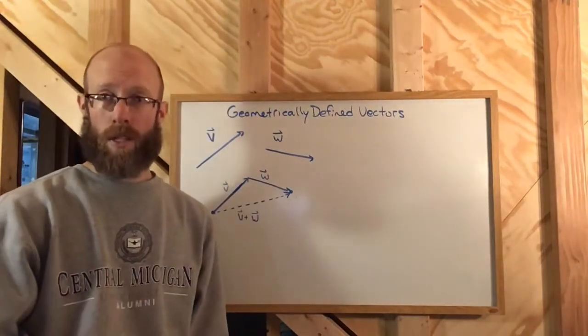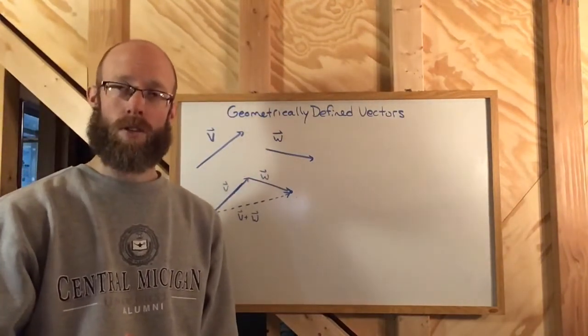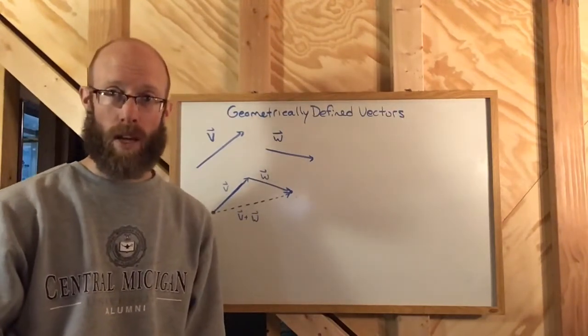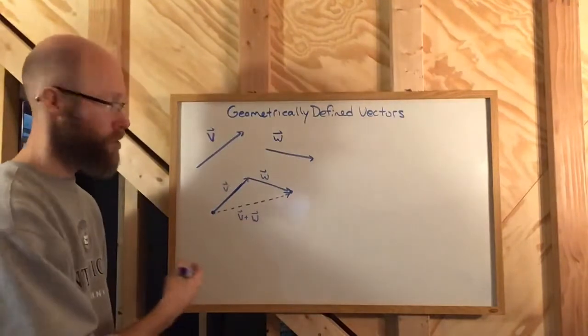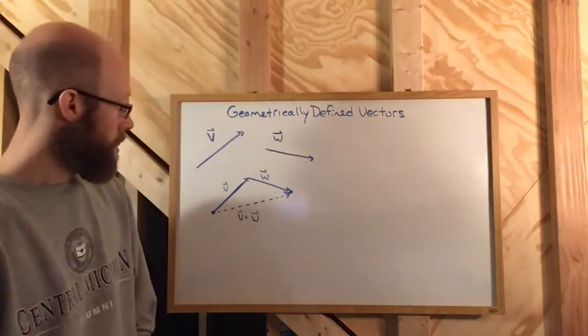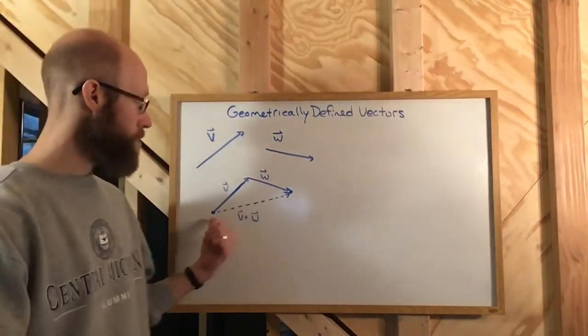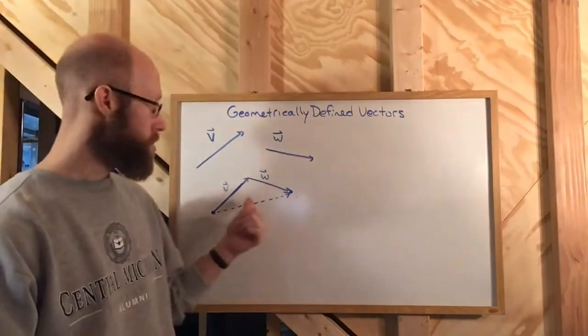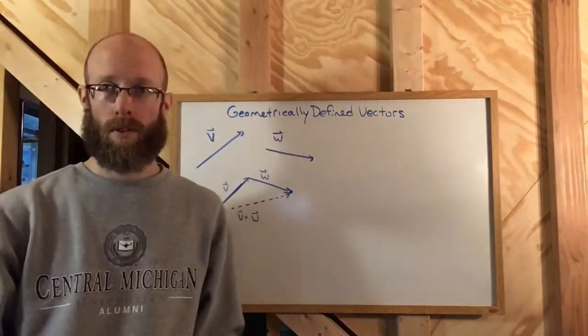Now, vector v plus w is a new vector with a new angle and a new length, or magnitude. So it has its own magnitude, it has its own angle. And it is basically the third side of a triangle whose other sides are v and w, all right?